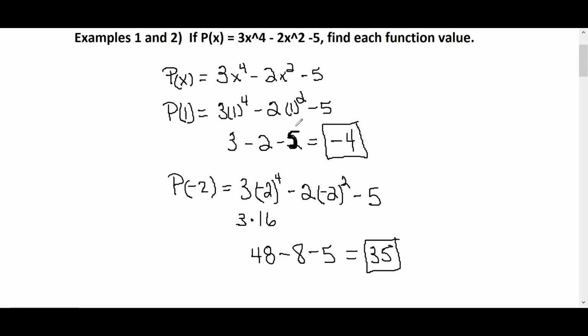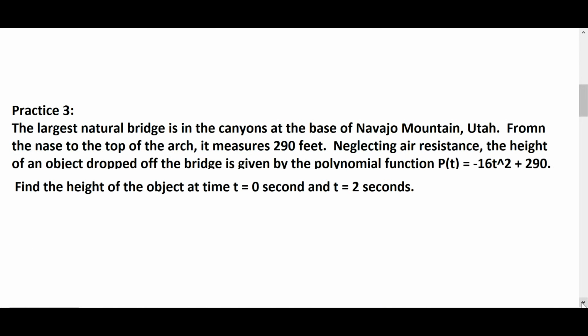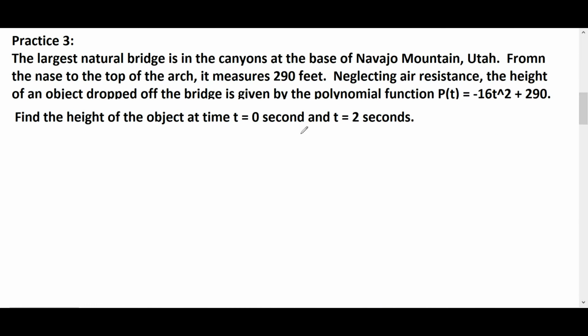All right, let me move on here to our next problem. It says the largest natural bridge is in the canyons at the base of Navajo Mountain in Utah. From the base, a couple of typos here, from the base to the top of the arch, it measures 290 feet.